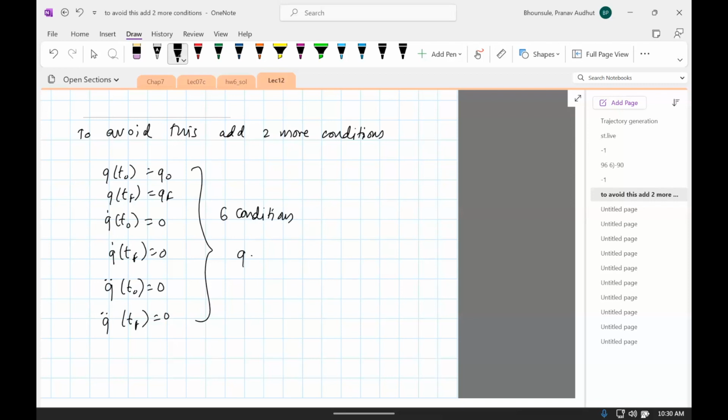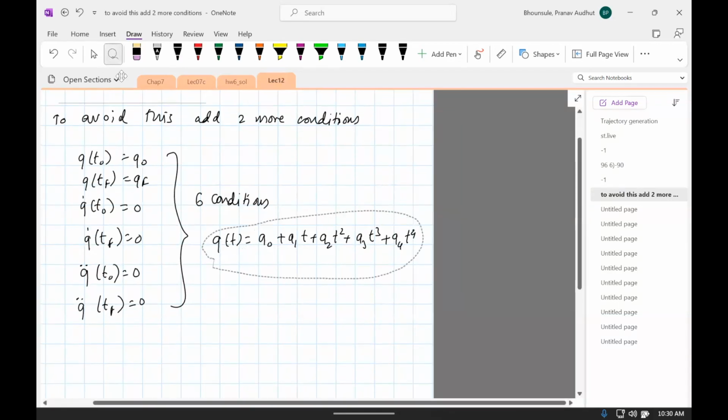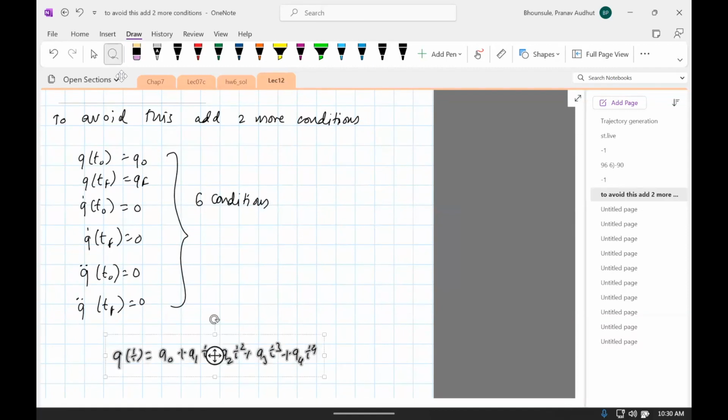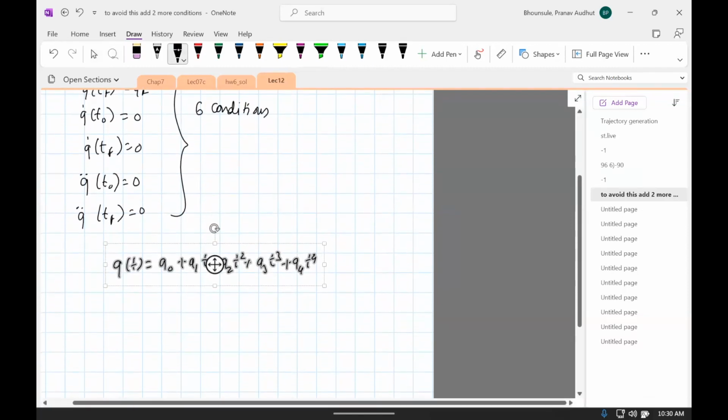So we start by assuming a q which is a 5th order polynomial, right? Because there are 6 constants in a 5th order polynomial, a0 plus a1t plus a2t squared plus a3t cubed plus a4t to the 4 plus a5t to the 5.